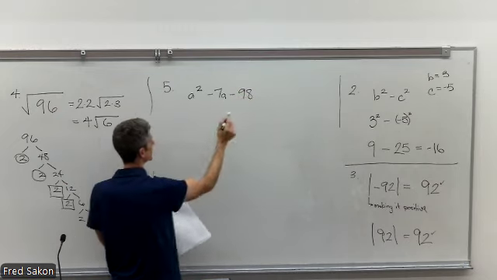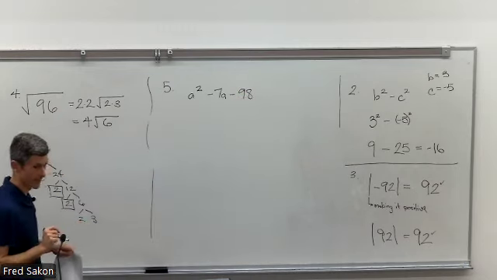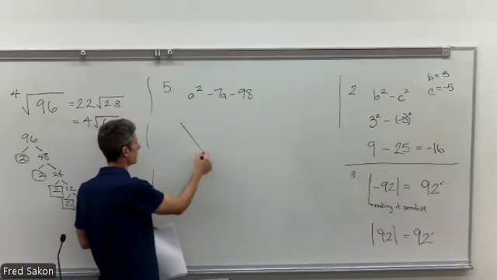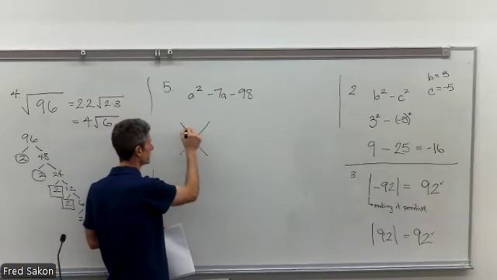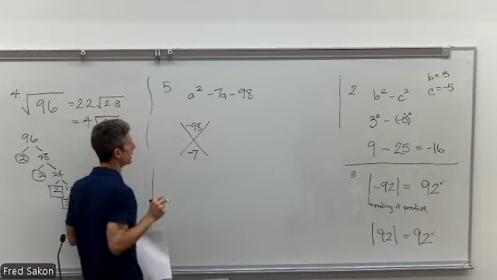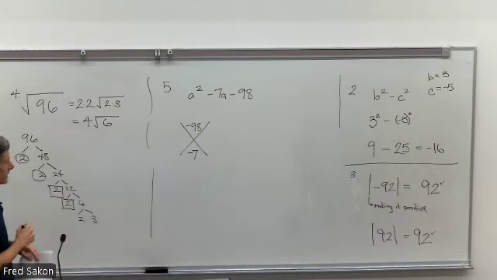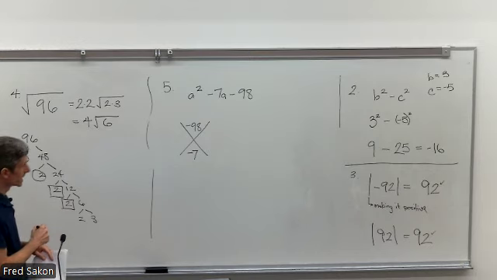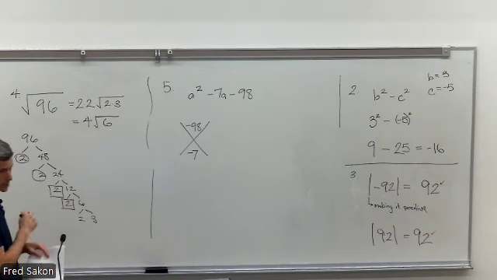We're asked to factor this expression on number 5. So remember, we want to do this number. What factors of 98 will add to negative 7? Now that's not easy. 98 and negative 7. 2 times 49, that's not going to work. 2 and 49 add up to 47.